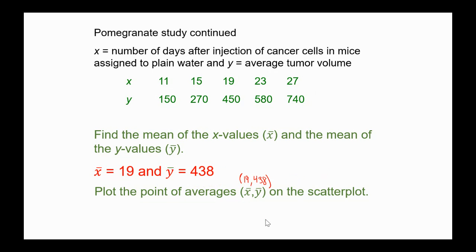You don't even have to do it on the calculator, just on the one that you drew on page 8, add that point to it. And you should notice something when you add that point.